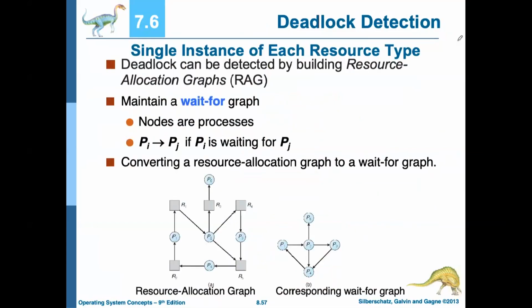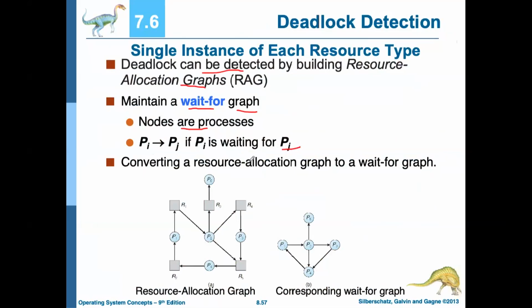So, single instance of each resource type. Deadlock can be detected by building a resource allocation graph, RAG, that we used before. So maintain a wait-for graph, where nodes are processes. For example, Pi to Pj if Pi is waiting for Pj.